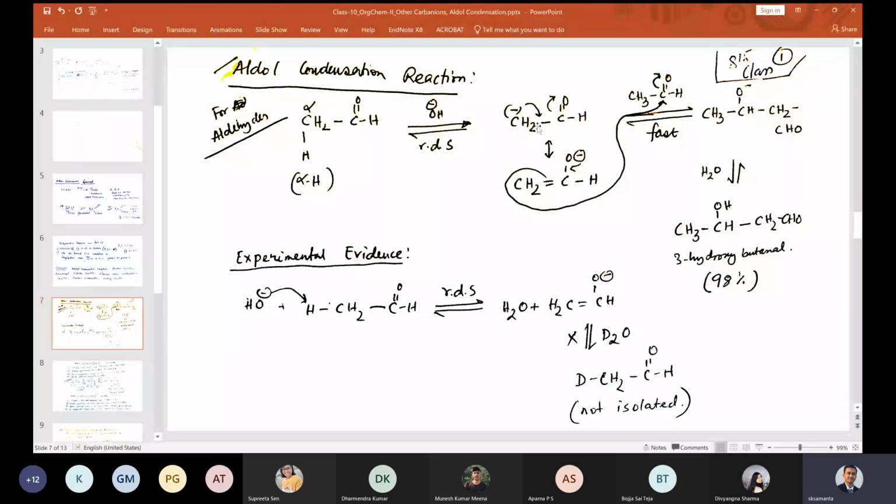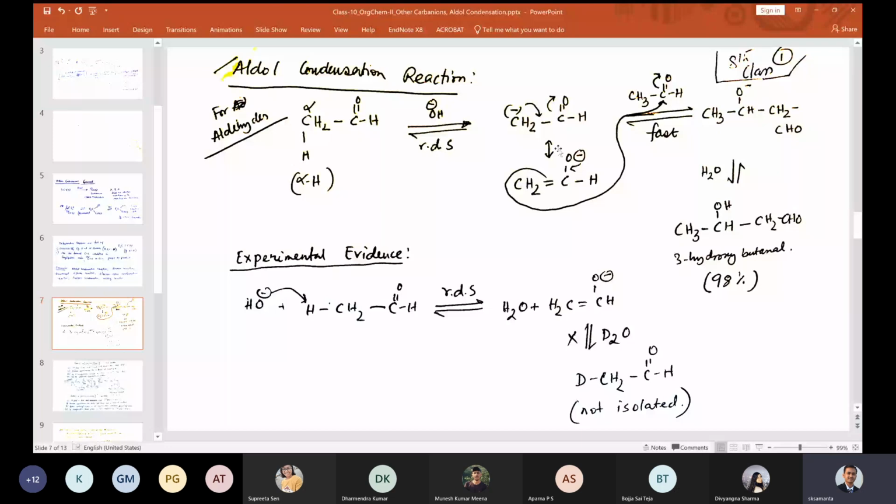In this case the carbanion is stabilized by this C double bond O, the electron withdrawing group that we are talking about. One of the groups from the XYZ should be electron withdrawing, then the carbanion formation will be easily possible or stabilized. So this carbanion is now stabilized, and it is resonance stabilized as well.